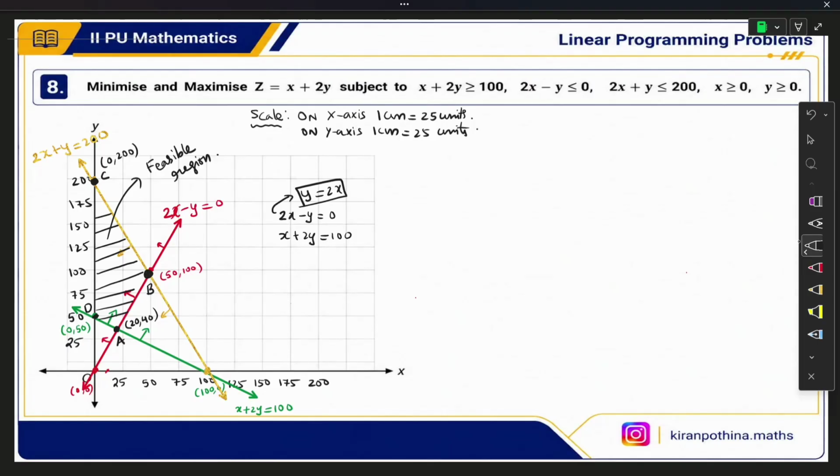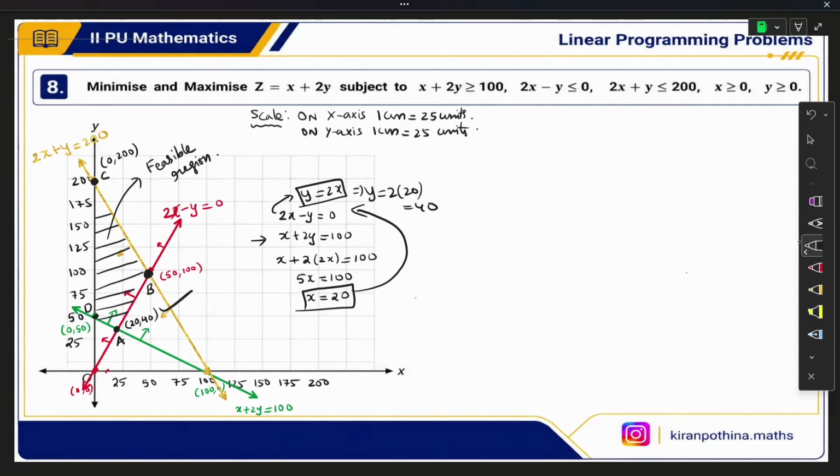I will substitute y equal to 2x in the second equation: x plus 2 into 2x equal to 100. 2 twos are 4x, 4x plus x is 5x equal to 100. So x equal to 100 by 5, which is 20. Substituting x value 20 here, y equal to 2 into 20, which is 40. So this is our point A.